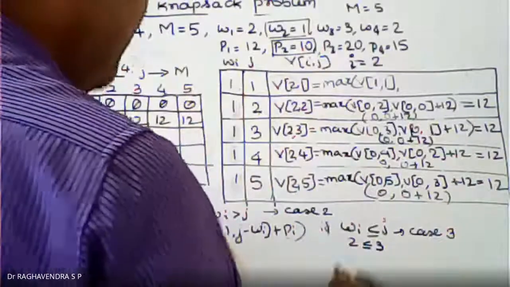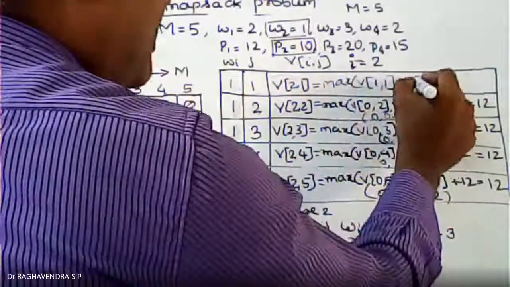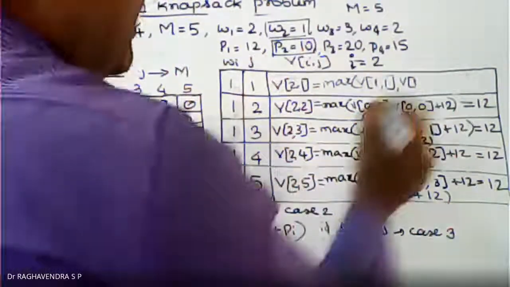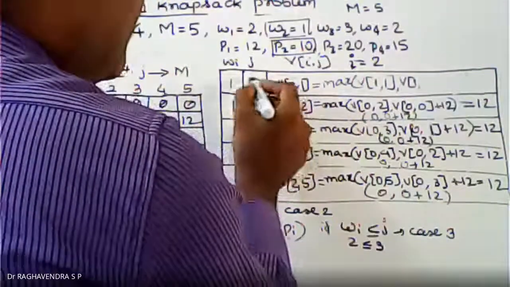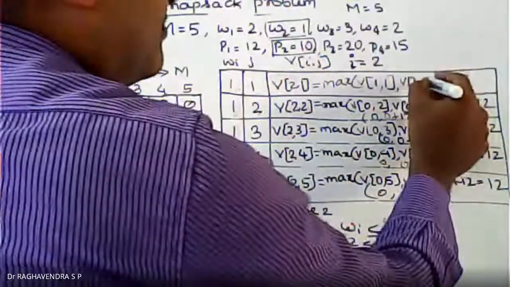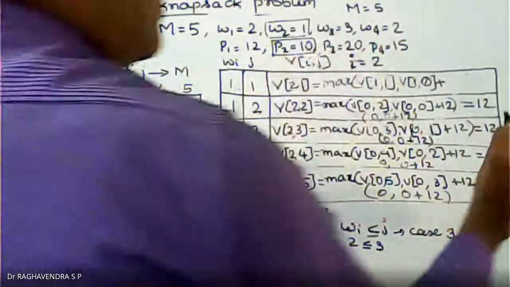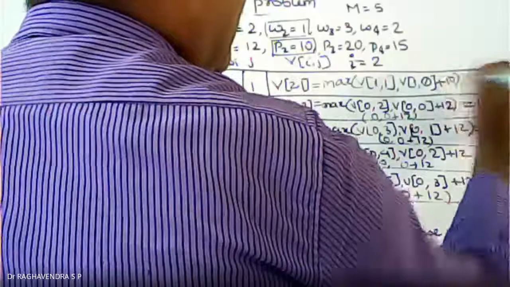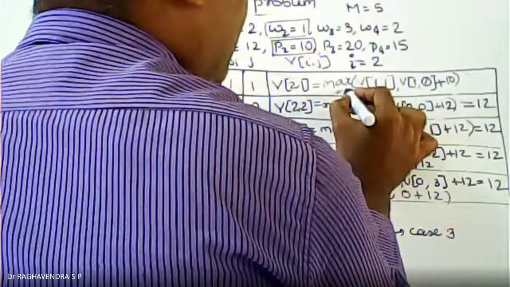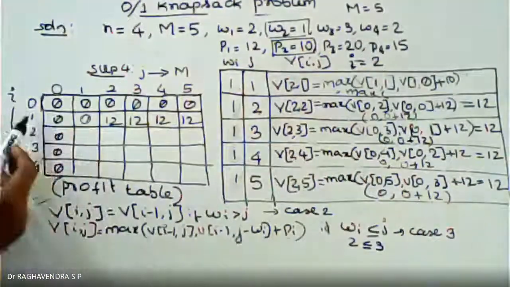Comma V of I minus 1, 2 minus 1 is 1, comma J minus Wi. What is J? 1. 1 minus 1 is 0. Plus Pi. What is Pi? 10. So now it is max of V of 1 comma 1.